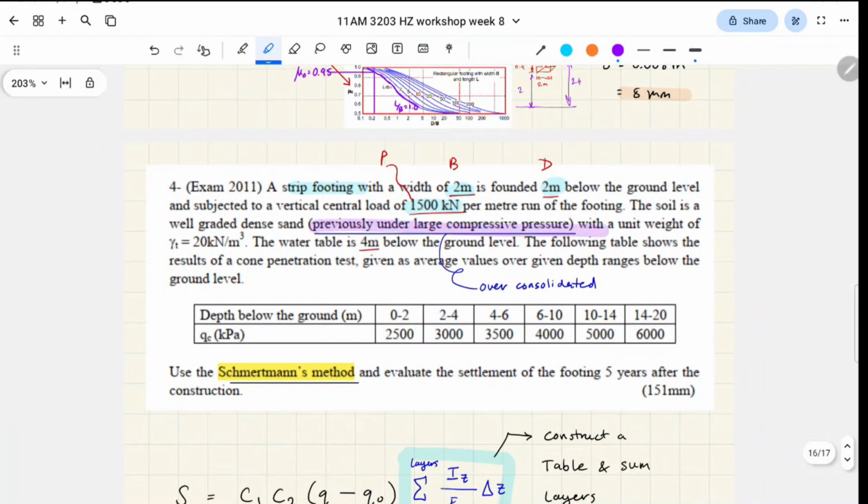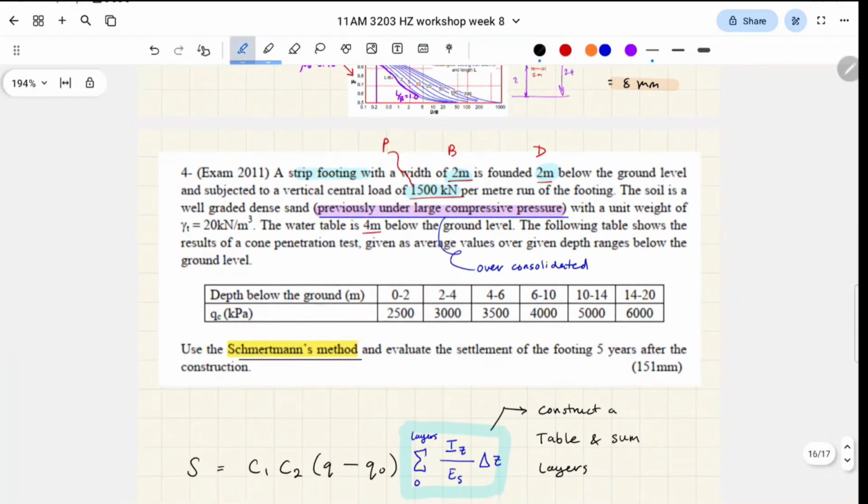We know that the soil is over-consolidated due to this description. This is going to matter for determining our elastic modulus using the Schmertmann method, okay? So you'll see how this plugs in in a second.